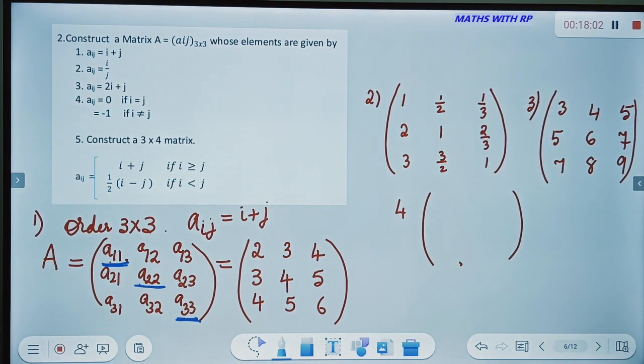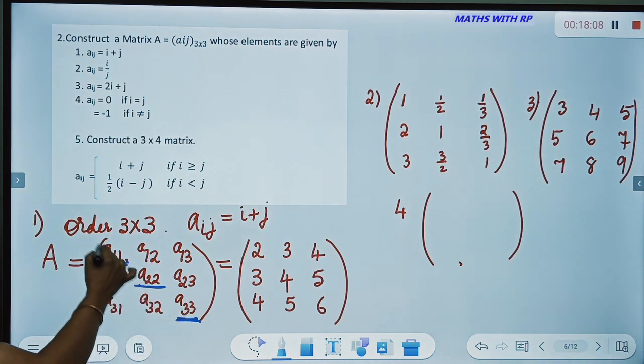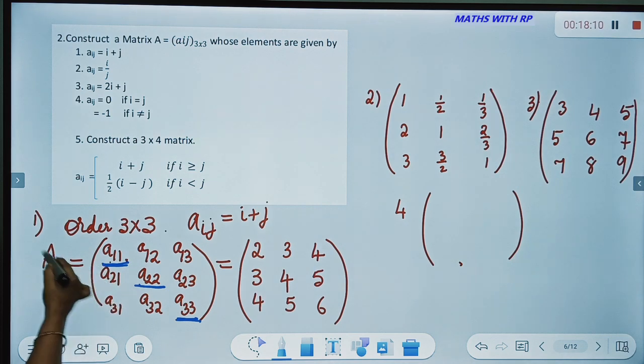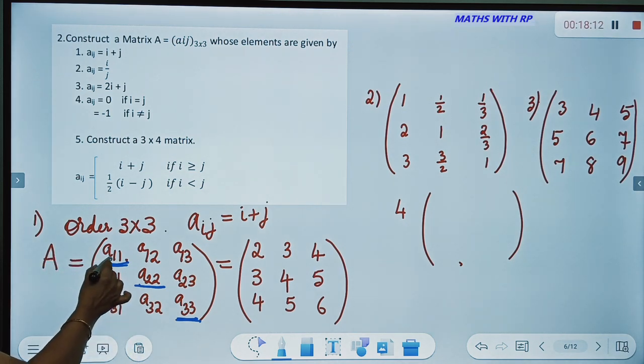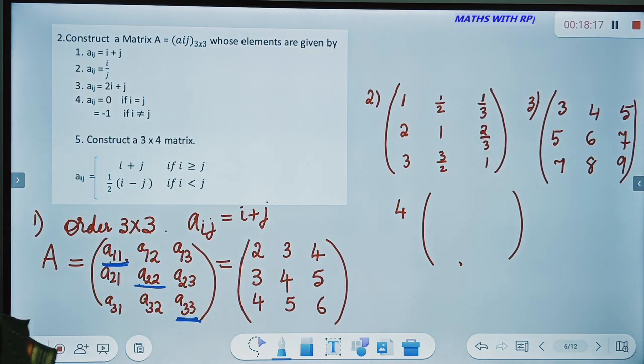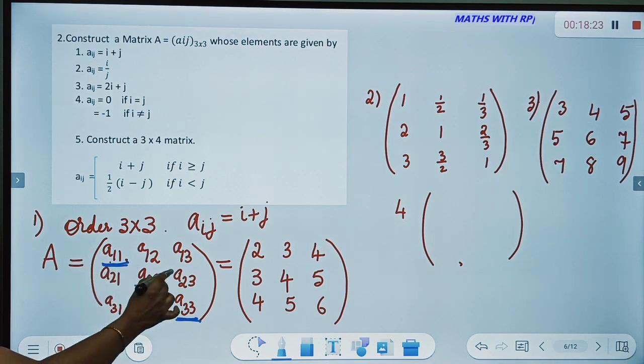So the diagonal elements are the elements where i is equal to j. In fact, this is called the leading diagonal, and the elements of the diagonal, when you write them in the general form, will be A11, A22, A33. And when you talk about diagonal, it can happen only for a square matrix. What do you mean by a square matrix? Where the number of rows is equal to number of columns.